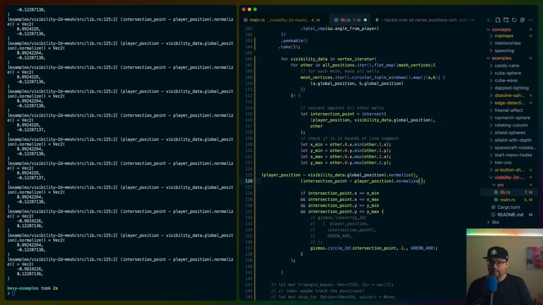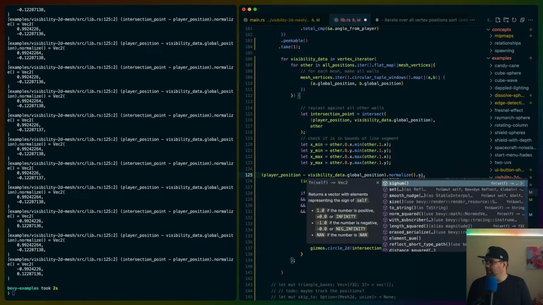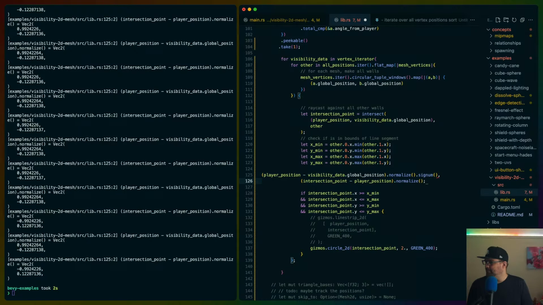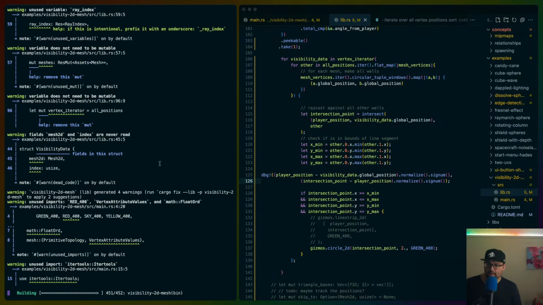So the question here is, we know they're going to be the same values, so we don't need to compare them, right? We do signum on both of these, and hopefully get 1 and -1.